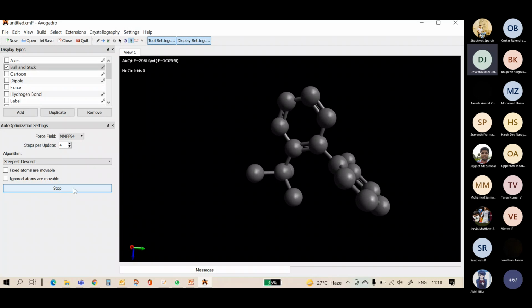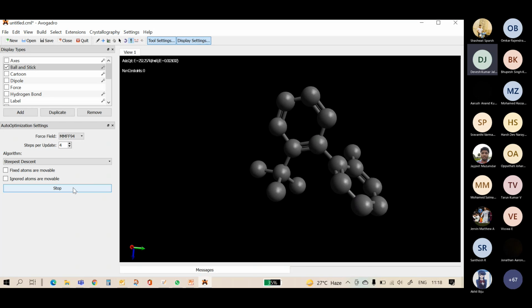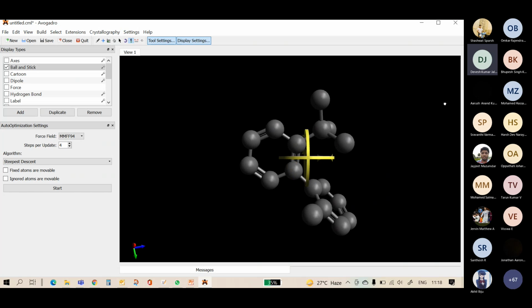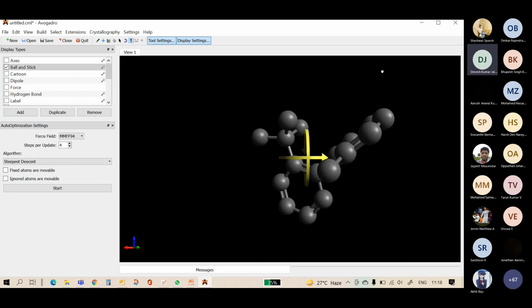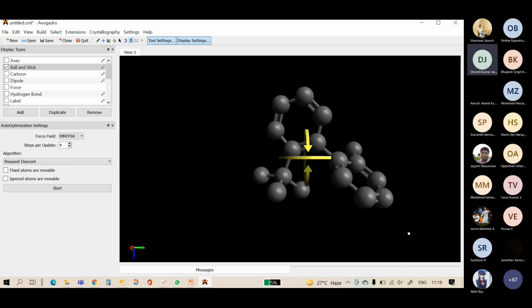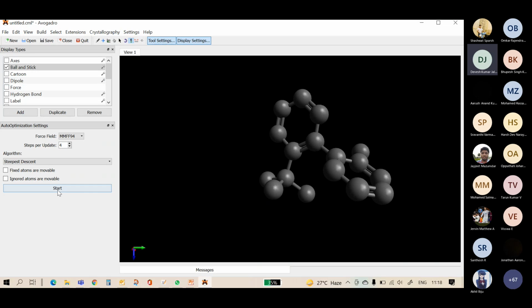So these are some of the fun things that you can do with the molecules. See, now they are twisting, turning. Okay, so this one has reached something like this, right? So let's try one more.